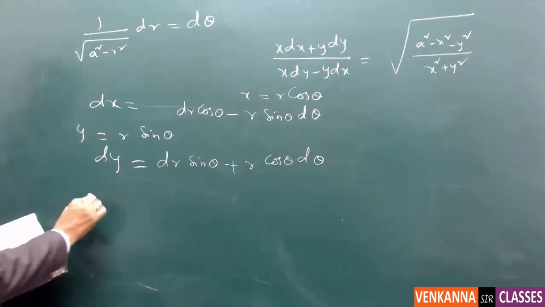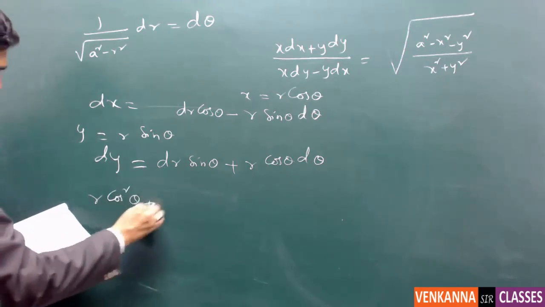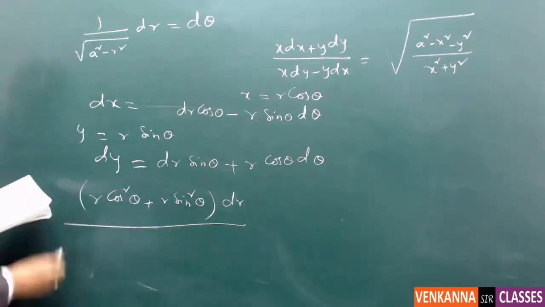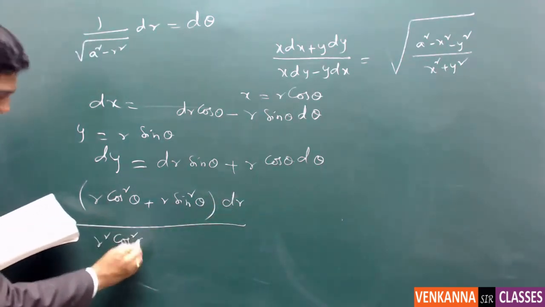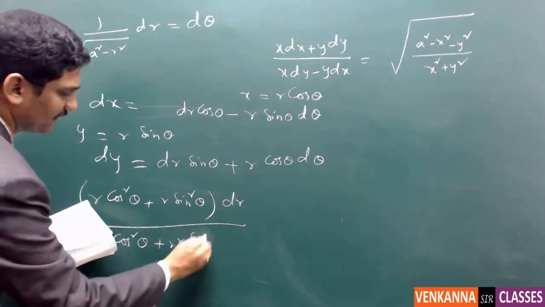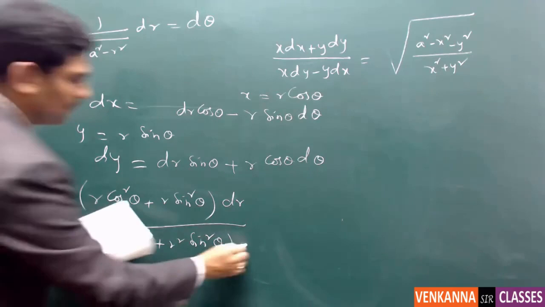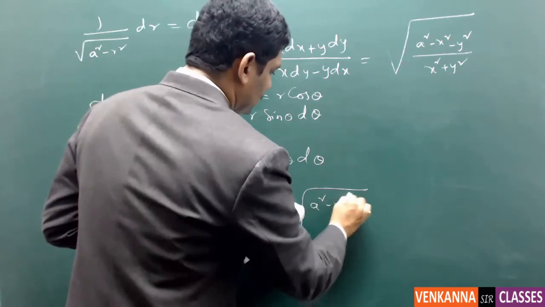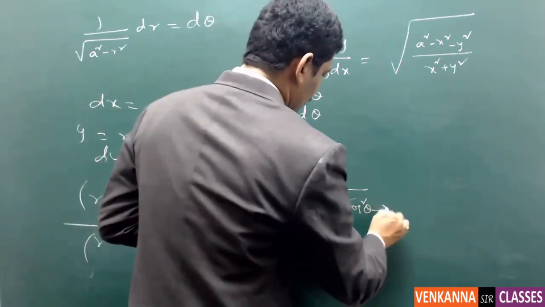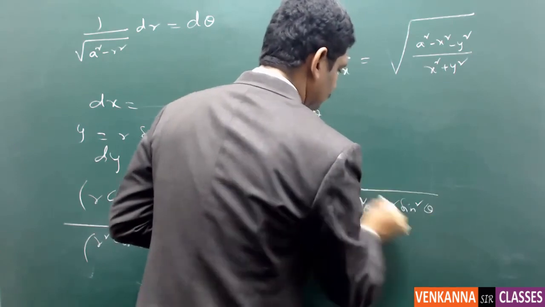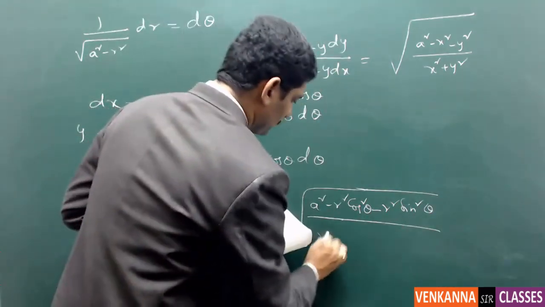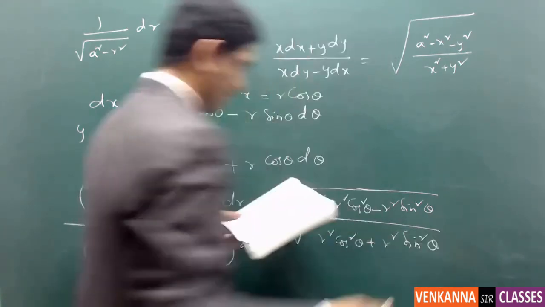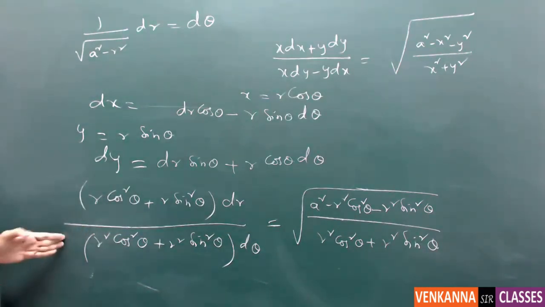On substitution, you are going to get (r cos square theta plus r sin square theta) into dr by (r square cos square theta plus r square sin square theta) of d theta is equal to square root of a square minus r square cos square theta minus r square sin square theta, by... then simplifying the terms you are going to get like this.